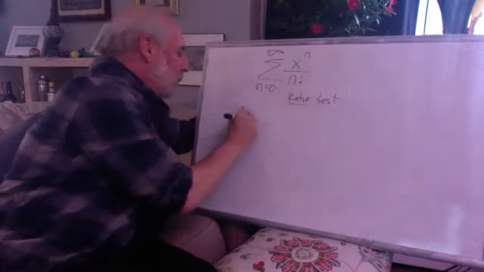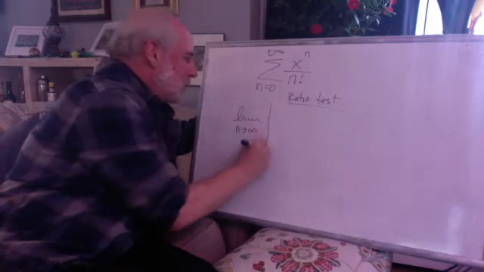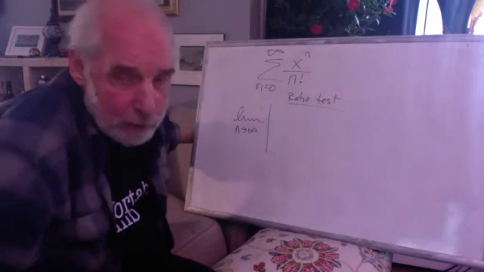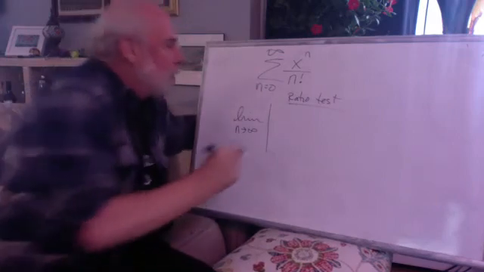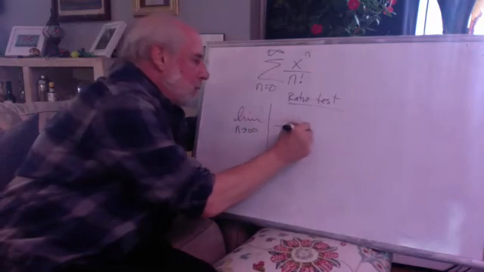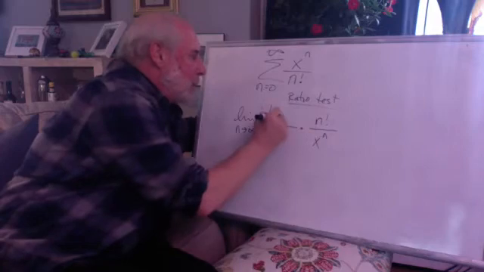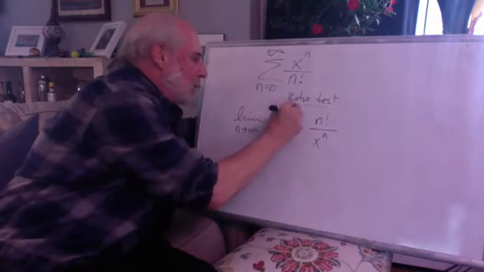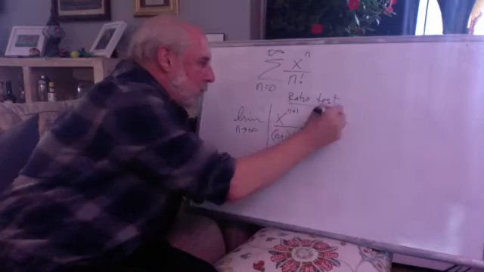So we have the limit as n goes to infinity. But I'm still going to draw the absolute value signs because you should just be in the habit of it. So we're going to have this, so n factorial over x to the n. Then we get x to the n plus 1 over n plus 1 factorial.